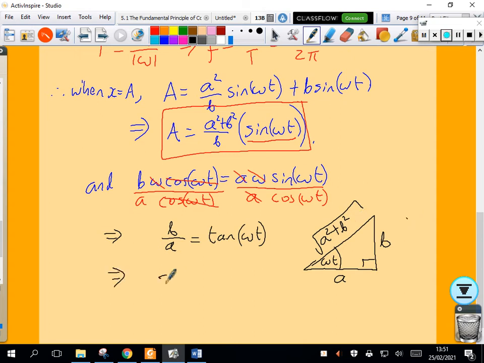So I can come up with an expression for sine of omega t from this relation for tan. Sine is opposite over hypotenuse, so that's going to be b over the square root of a squared plus b squared.